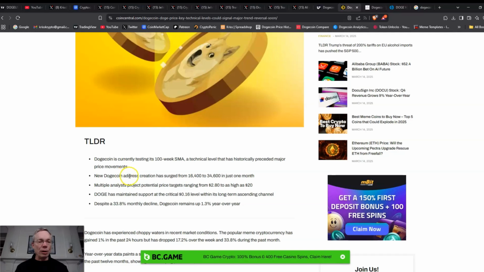New Dogecoin wallet addresses have surged over the past month. That's always good to see. More people getting Dogecoin. And I know that even on our channel, people are creating new My Doge wallets, right? To receive Dogecoin and giveaways. That's always a good thing. So we're doing our part here.